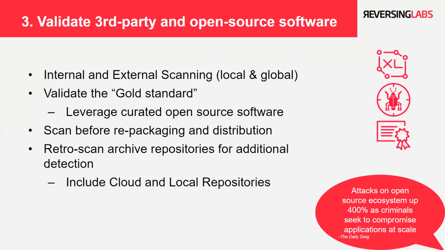Often we do that at Reversing Labs and notify the open source community where applicable of risky content that might exist out there. Sometimes you'll see things like typo squatting, and people get into those open source communities and think they're downloading something that is good when in fact they've typed something wrong. It looks right, but it just isn't. And they inadvertently download a package of malware.